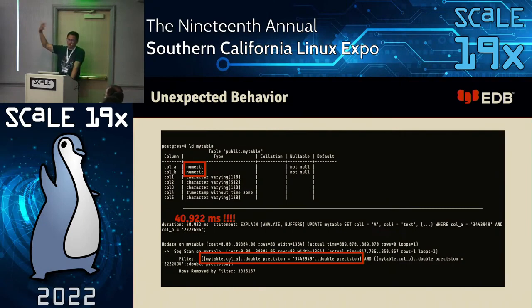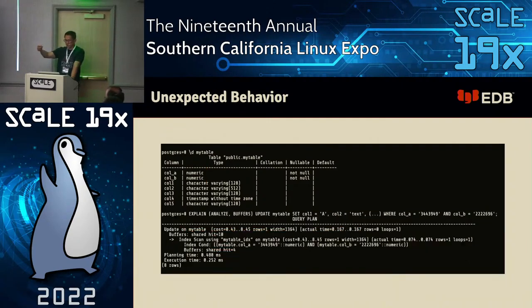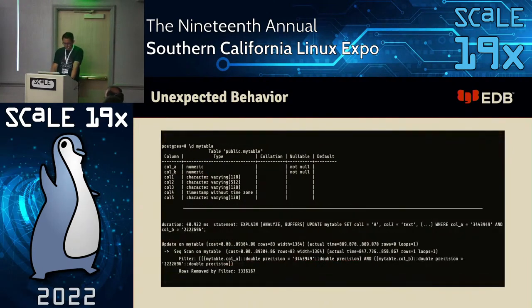The table was defined with numeric values, but when we ran explain analyze on it, we found out that the ORM was casting it to double precision. And when it was cast to double precision, it could not use the index. The manual update used an index, but the other ones were using a sequential scan.